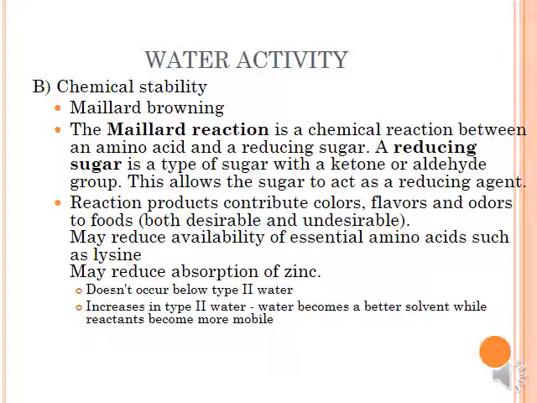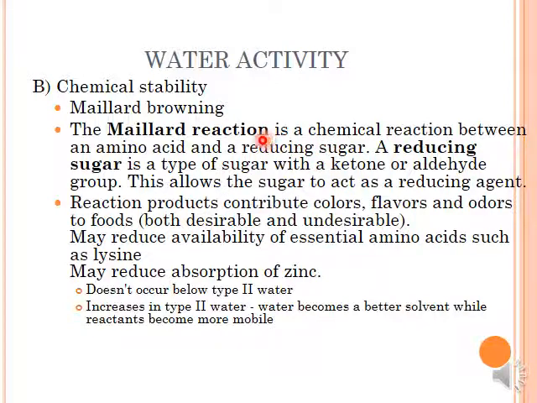The next reaction that leads to food stability is chemical stability. One example of chemical reaction is Maillard browning. So what is Maillard browning? Maillard browning is a chemical reaction between an amino acid and a reducing sugar.